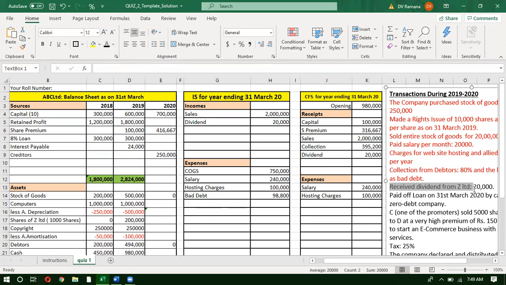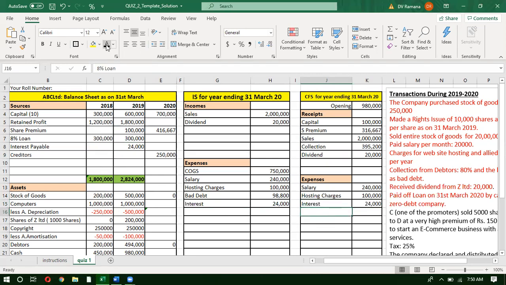And during this period, because the company is sitting on a huge amount of cash, they paid off a loan on 31st March 2020, a loan of 8%, 300,000. But before that, it is better to pay the interest because of the accrual principle and matching principle for the entire year, because the loan has been paid off only at the end of the year.